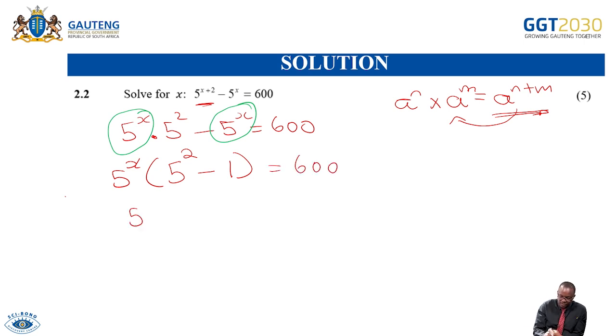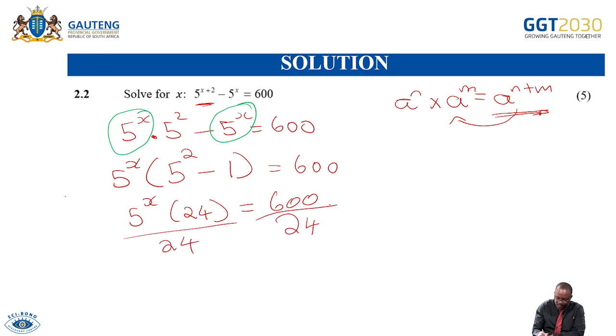So we're going to have 5 to the power of x. Now, inside there, if you say 5 squared minus 1, you are going to get 24. Then divide both sides by 24. 24 cancels 24. 5 to the power of x is equal to, if you say 600 divided by 24, you are going to get 25.